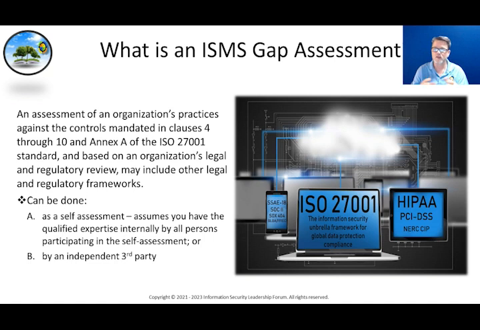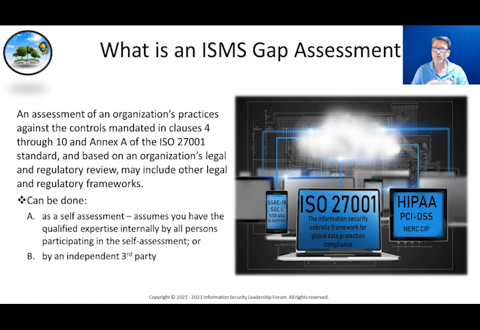Essentially, it's the same thing, only we're applying it to the ISO 27001 controls, clauses 4 through 10, and Annex A, and it has to be augmented with anything in addition that you've identified during your legal and regulatory review. That was one of the prerequisite activities that relates to data protection.